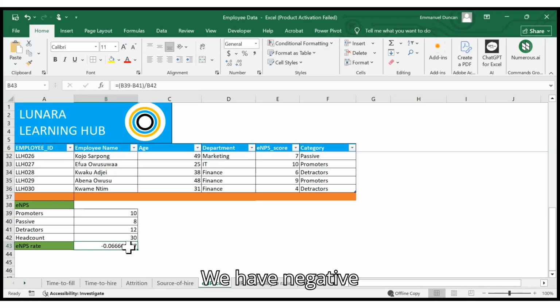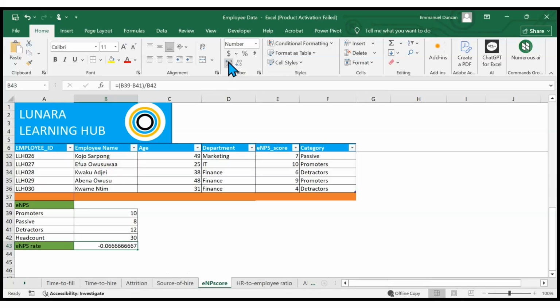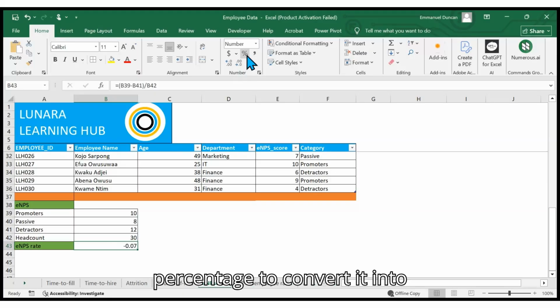We have negative 0.066. Let's round it to 2 decimal places. You go to your home tab, then you select the percentage to convert it into percentage.